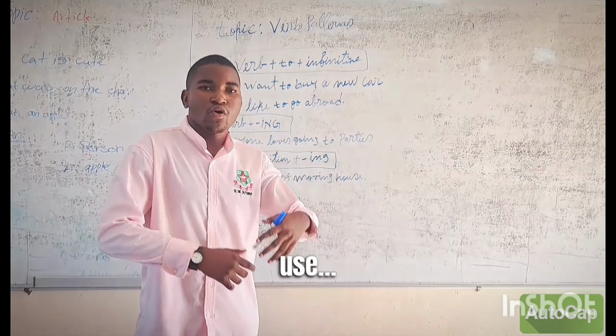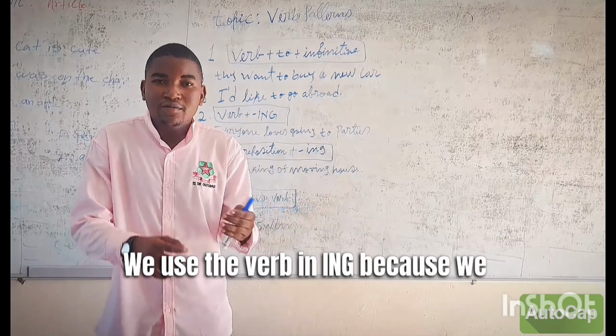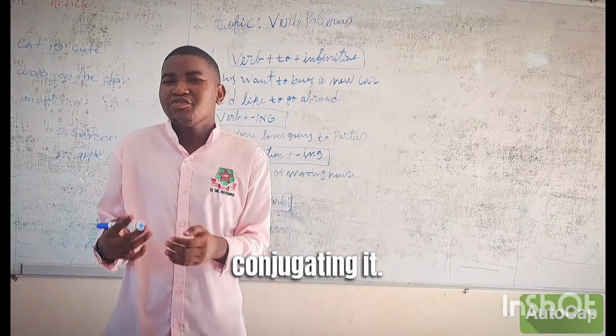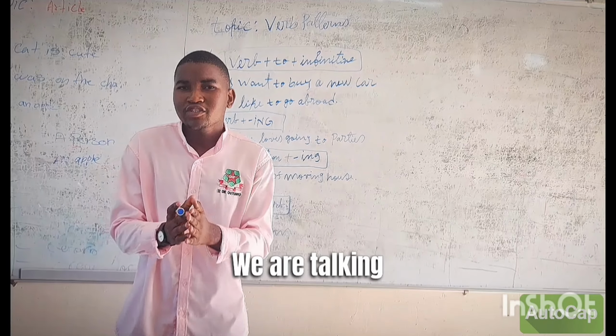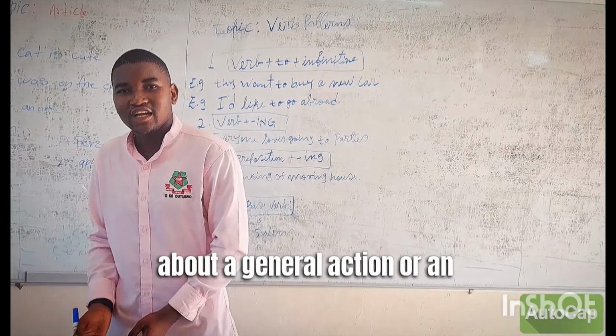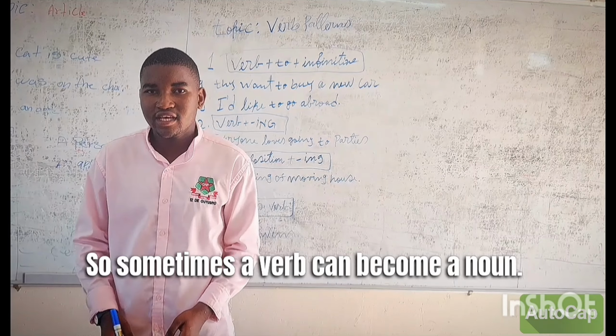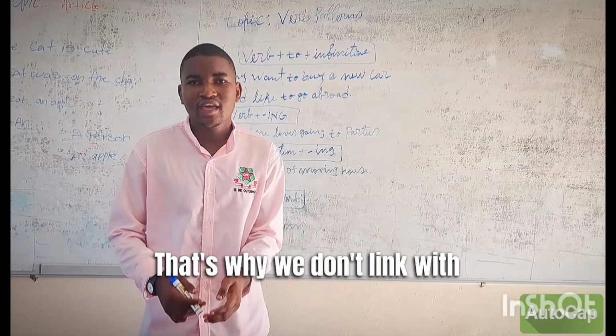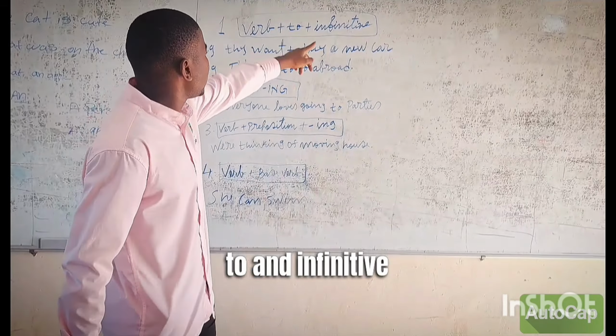We use verb in ing because we are not conjugating it. We are talking about a general action or an experience. Sometimes a verb can become a noun, so that's why we don't link with to and infinitive.